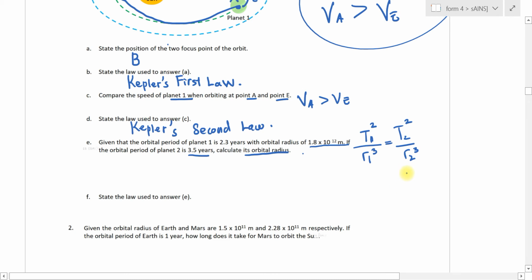Okay, untuk planet 1, the period is 2.3 years. Kamu nak tukar kepada second, leceh juga. Tak payah sebab it is a proportional. Somehow years and years you want to cut off, so it doesn't matter. So 2.3 years untuk planet 1, dan orbital radius dia adalah 1.8 times 10 to the power of 12.